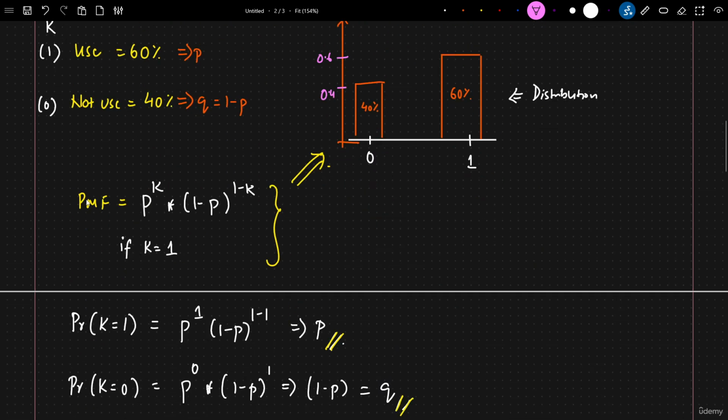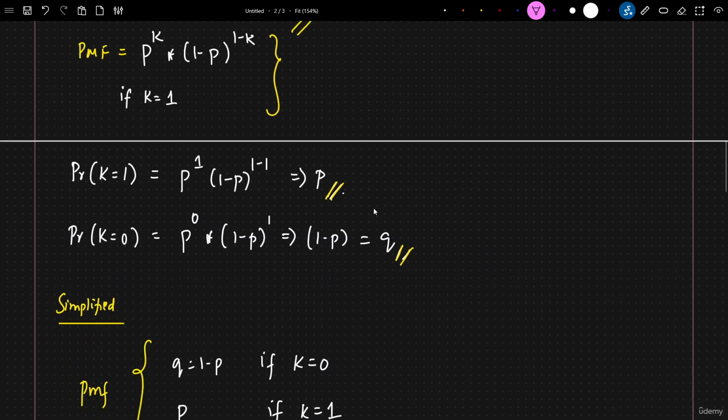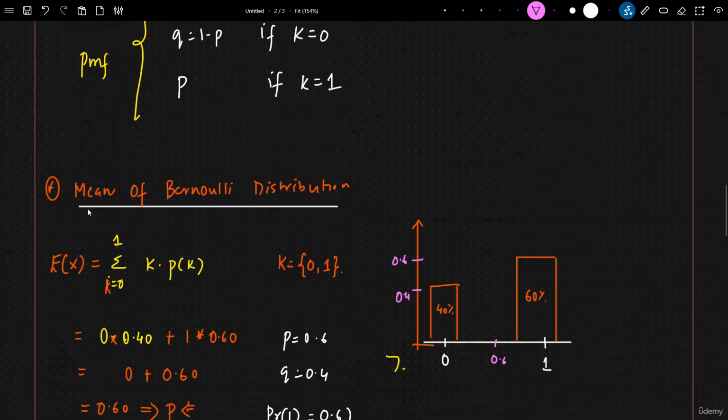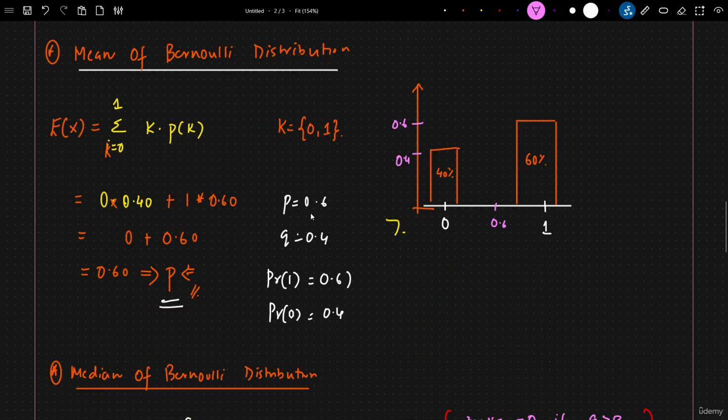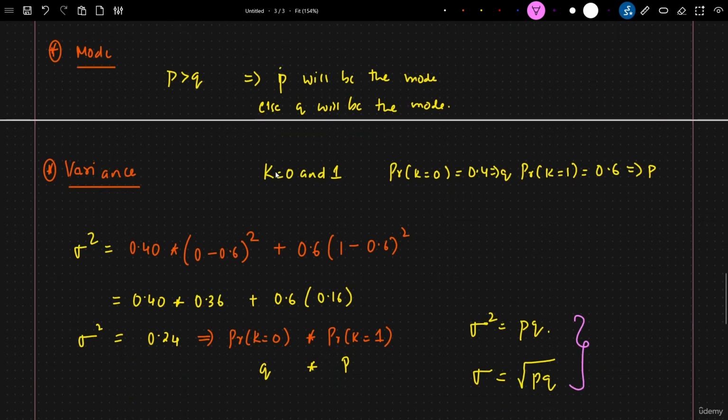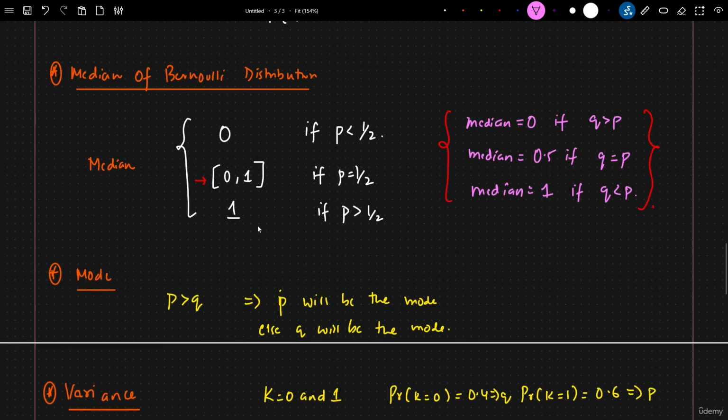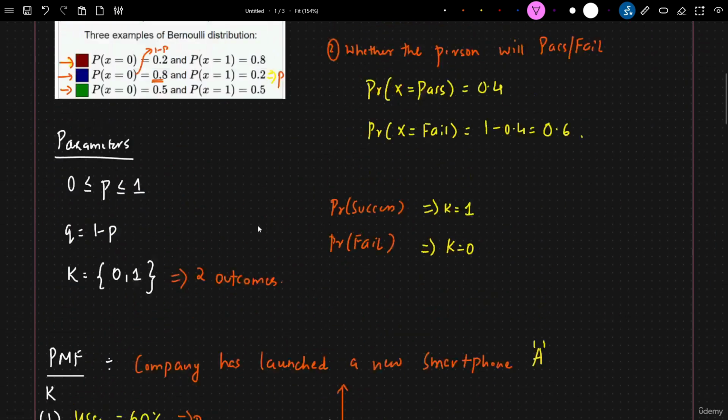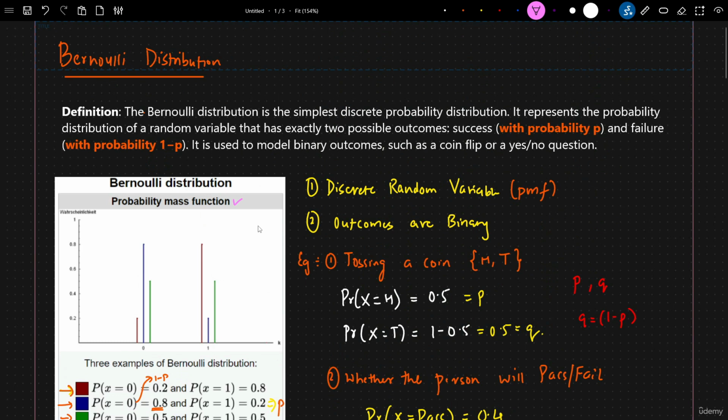If this is a PMF, we saw the formula used to construct the entire distribution. Then we also saw how to calculate the mean, median, mode, variance and standard deviation of the Bernoulli distribution. And obviously you have also understood the examples of the Bernoulli distribution: any distribution that has binary outcomes.